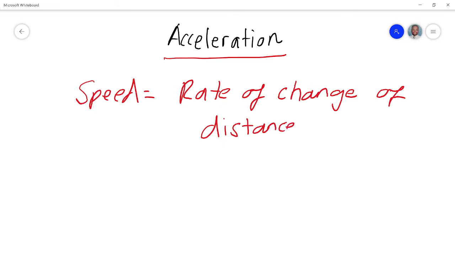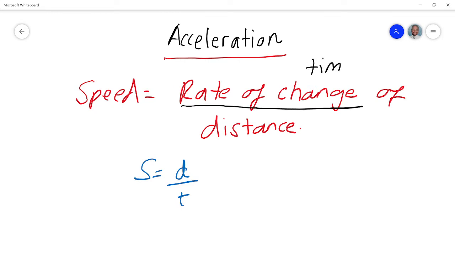If I convert that definition into a formula, speed is d over t, because you've got distance, a small d, and the word rate means time. Therefore, speed is distance over time.